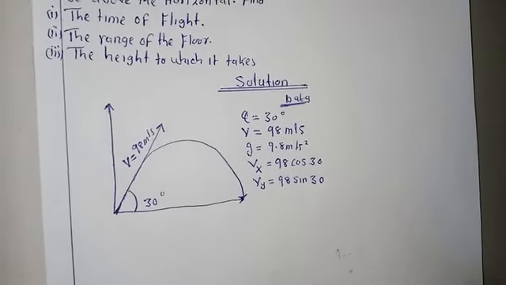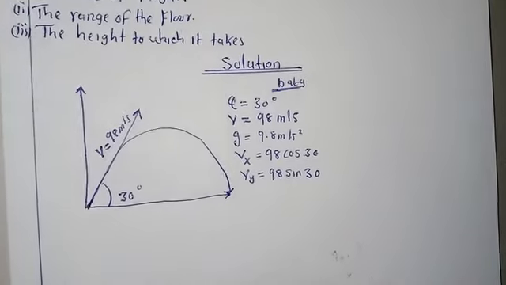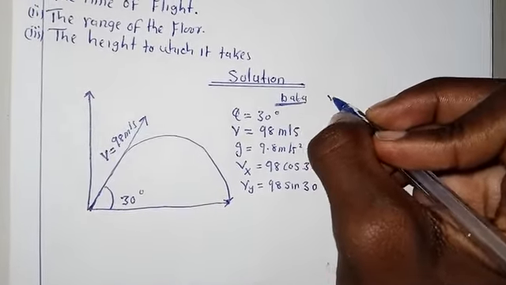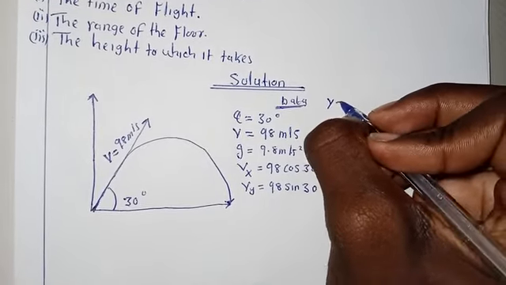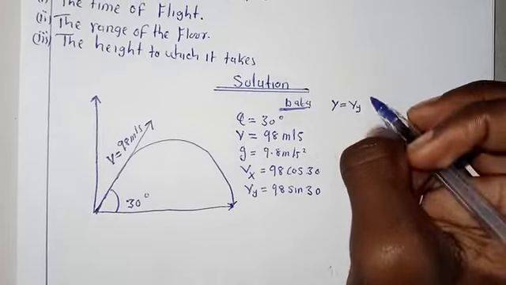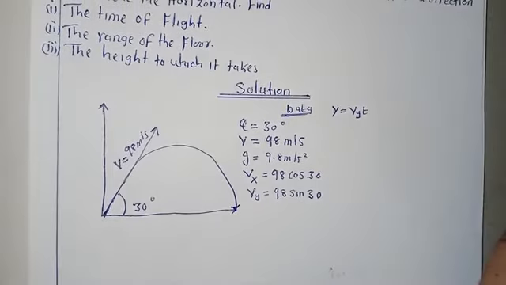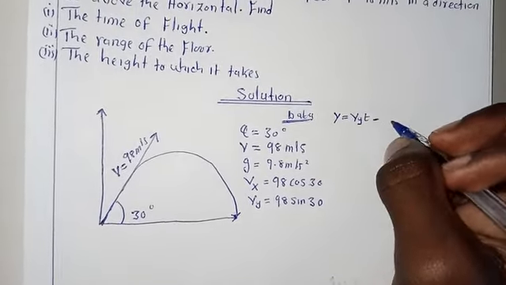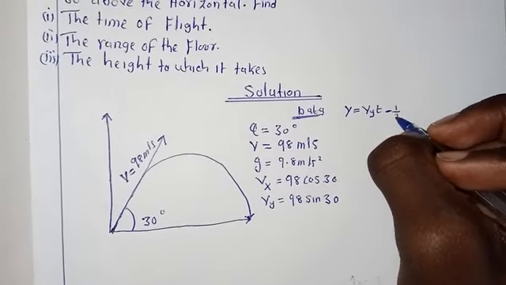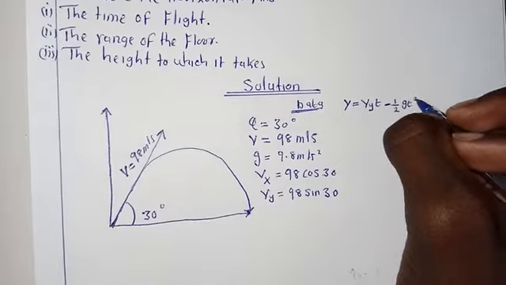They're saying we find the time of flight. Now, we know that y is equal to Vy t minus 1 over 2 g t squared.